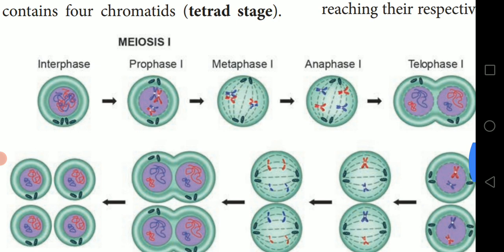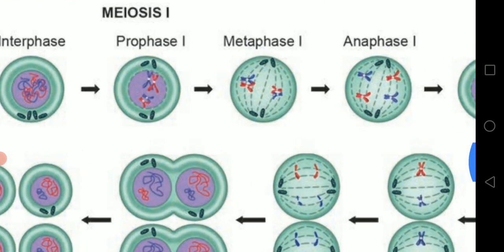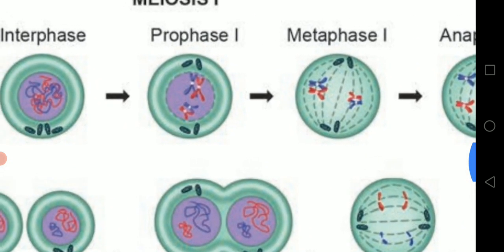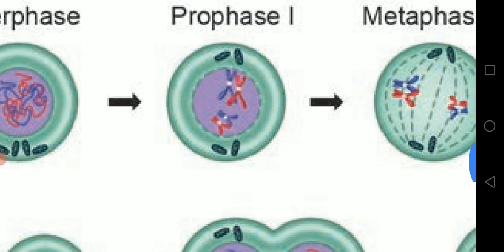The first one is interphase, which, as we have seen in mitosis, is a resting phase or getting ready for cell division. Then the next event is prophase 1.